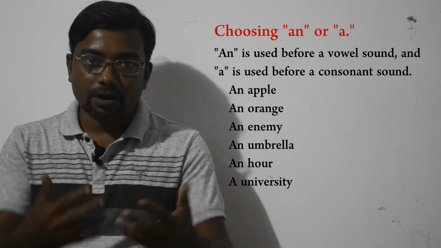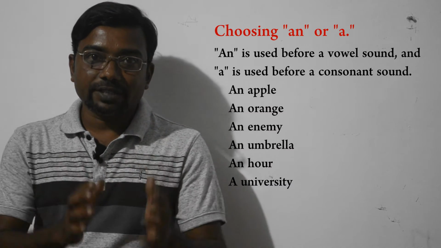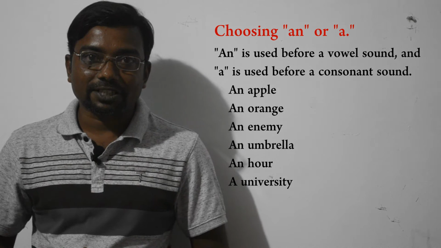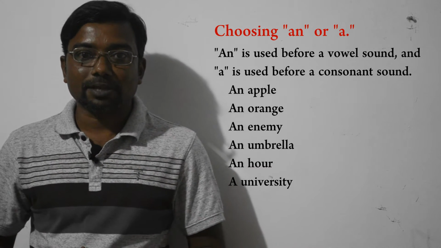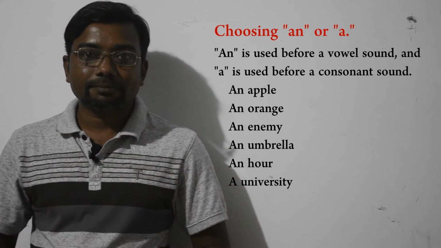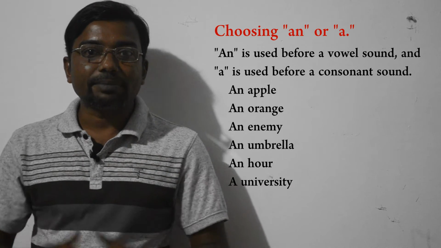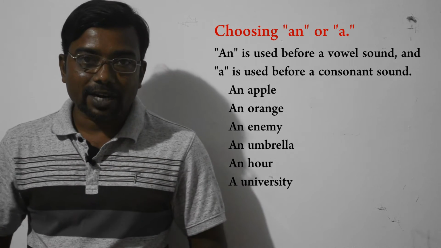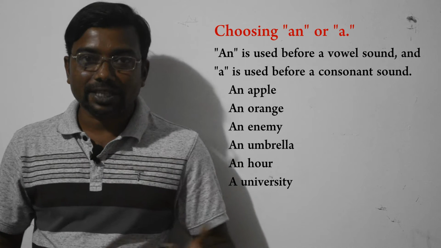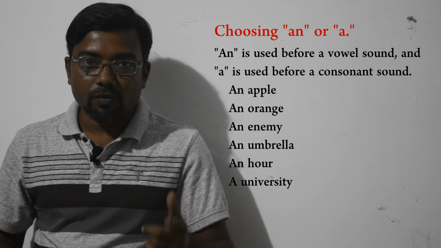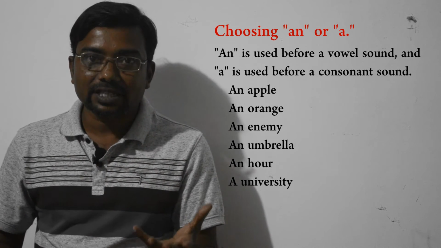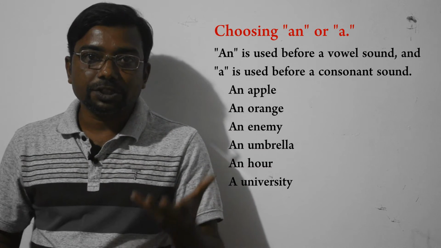We always follow the vowel sound of the noun to use indefinite articles. Let's look at some examples. An apple, an orange, an enemy, an umbrella. These examples start with a vowel letter and are pronounced with a vowel sound, so we use an.